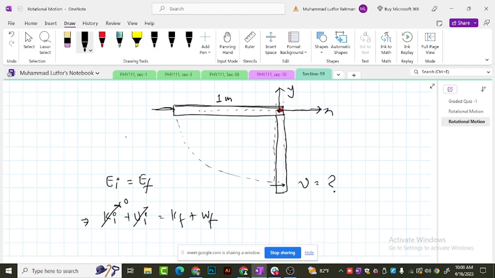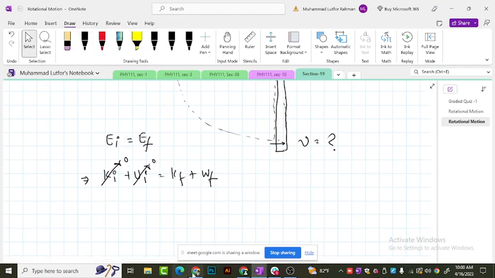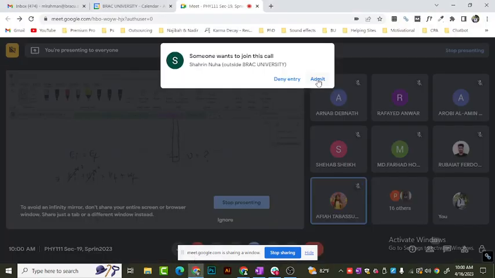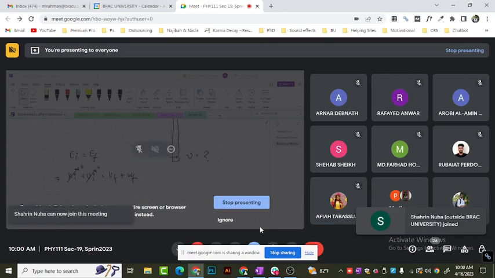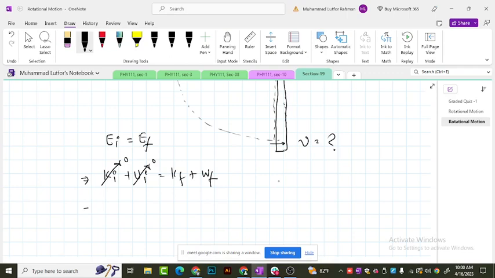It should also be zero, right? You understand? Yes, sir. So the potential energy would also be zero. Then I can write zero over here.